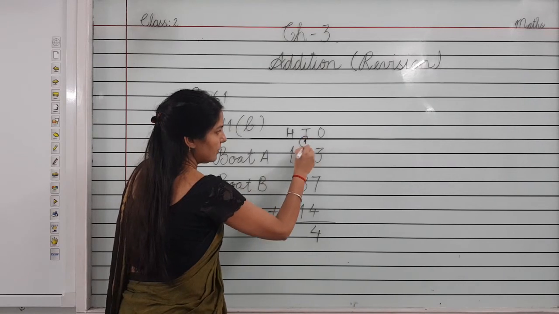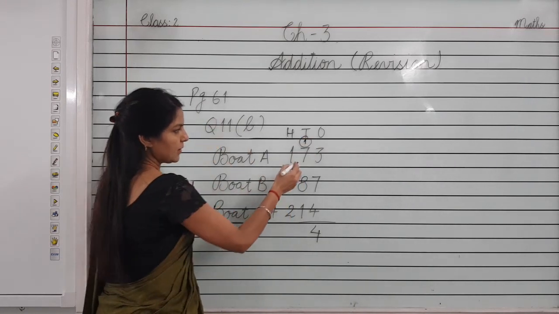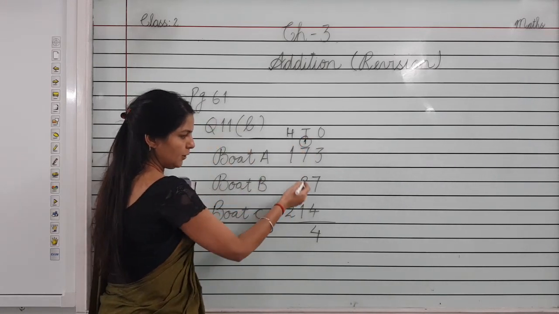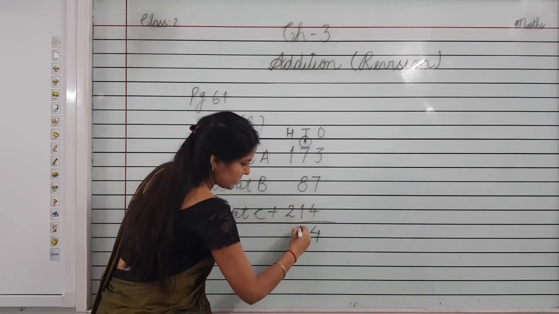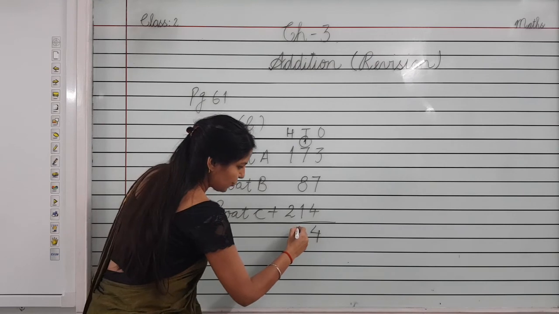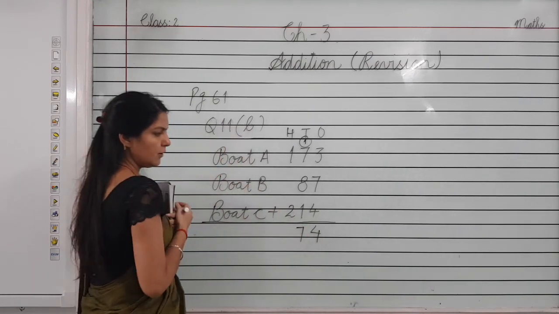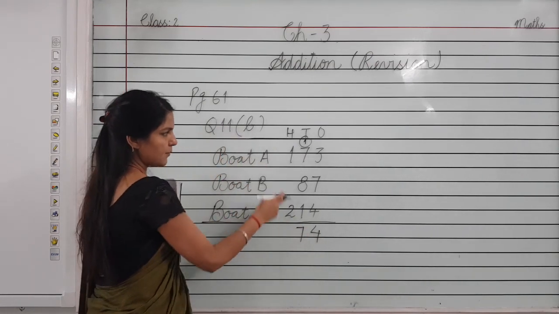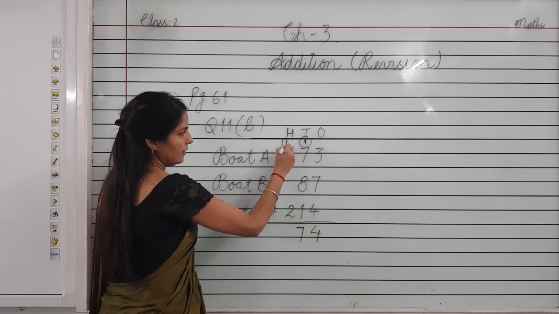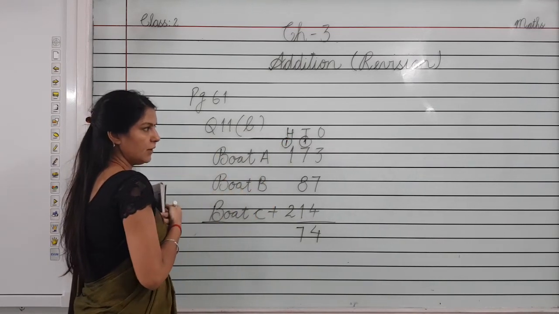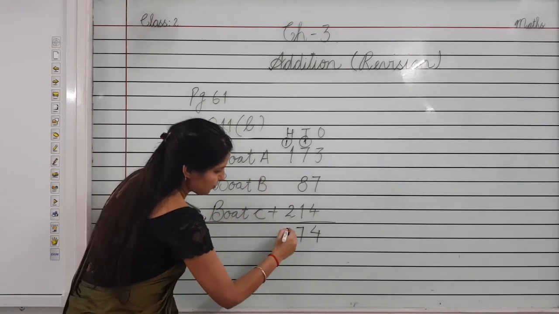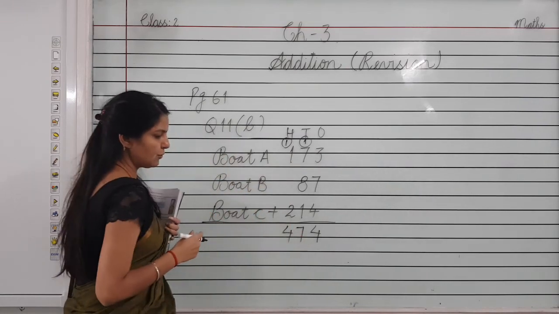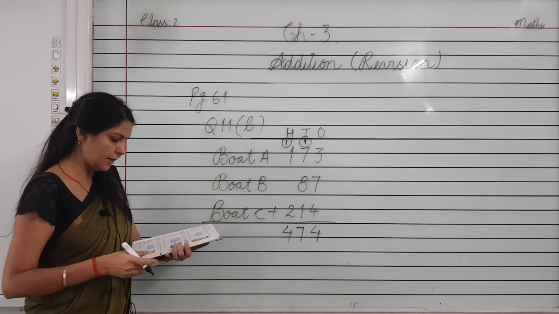Then we will carry over 1 here. 7 plus 1, 8. 8 plus 8, 16. 16 plus 1, 17. In 17 again there are 2 digits. So we will write 7 here below the tens place. Then we will add the carry 1 at the hundreds place. Now 1 plus 1, 2, 2 plus 2 will be 4. So the total fish is 474.